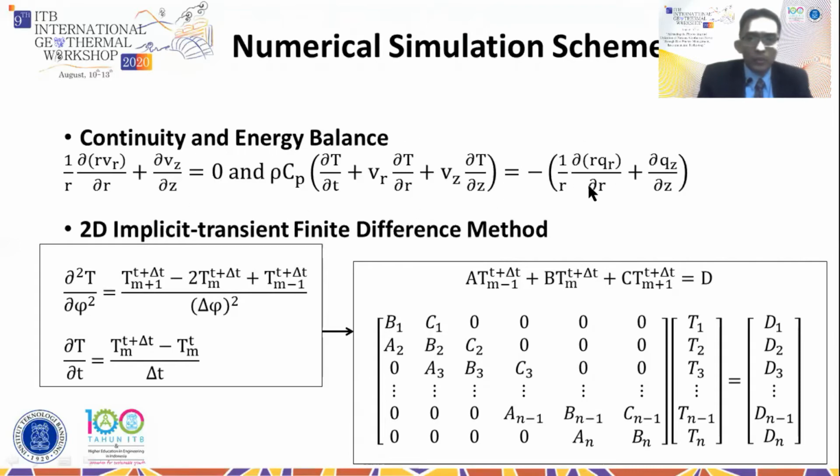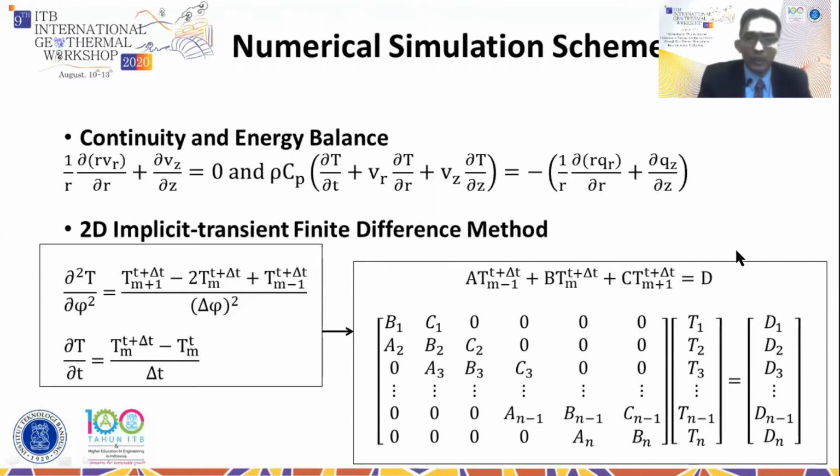These two differential equations are then converted into arithmetic equations, the one on the right and the left. This is the simplification. After that, we can generate a big matrix to calculate T1, T2, T4, and so on at a specific time.